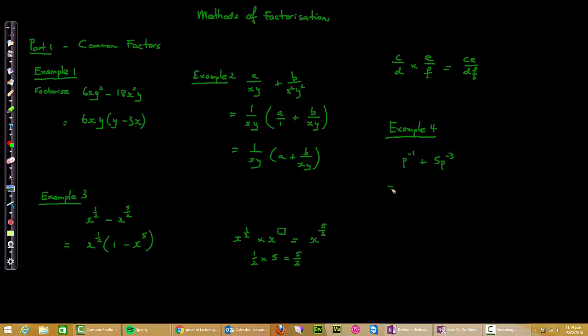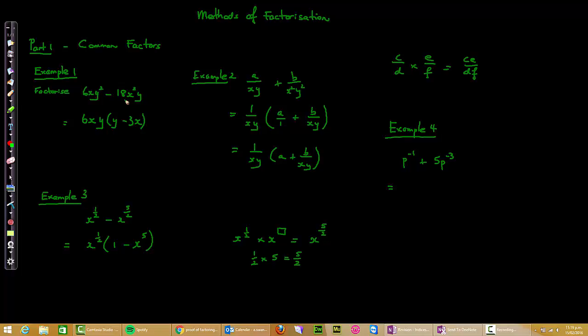What do we do in that situation? Do I take p to the power of -1 out as a common factor, or p to the power of -3, or something else? Well, the convention is we're going to take out the lowest power. So p to the power of -3.